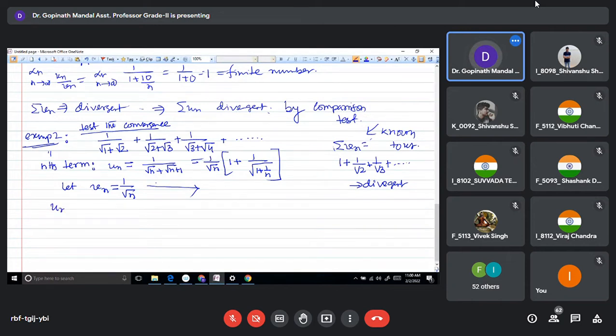Now Un by Vn. Un is 1 by root n, 1 plus 1 by n, so this should come in the numerator, and Vn is 1 by root n.